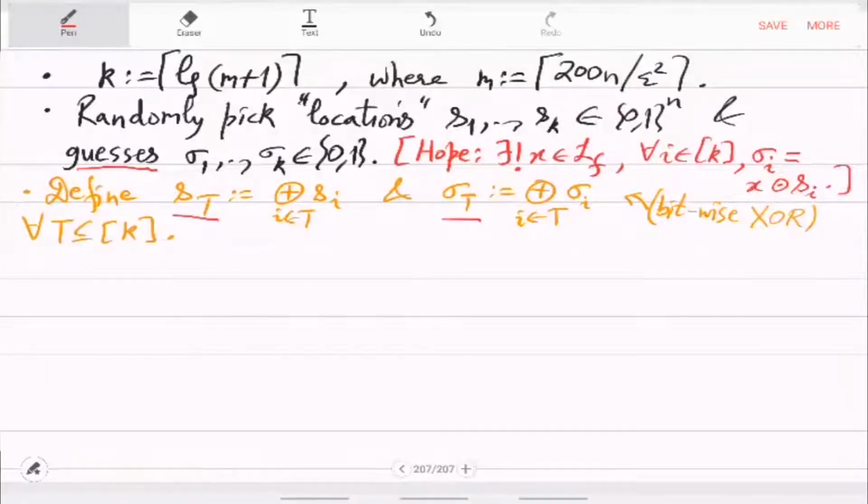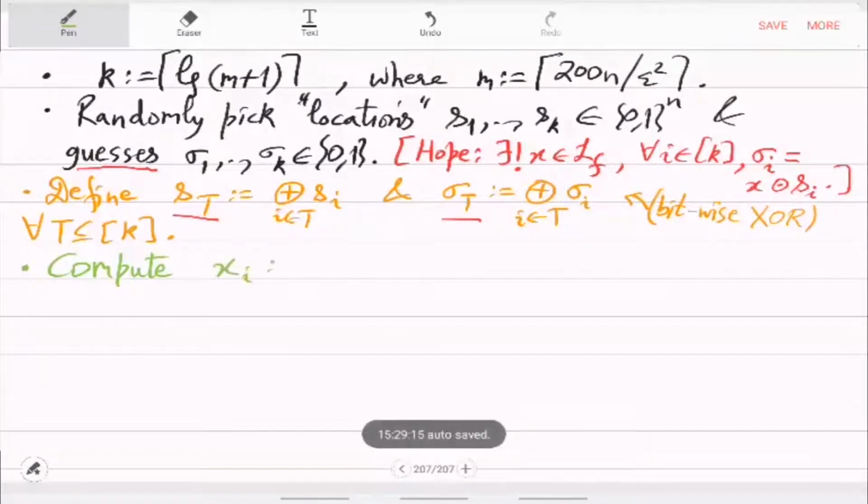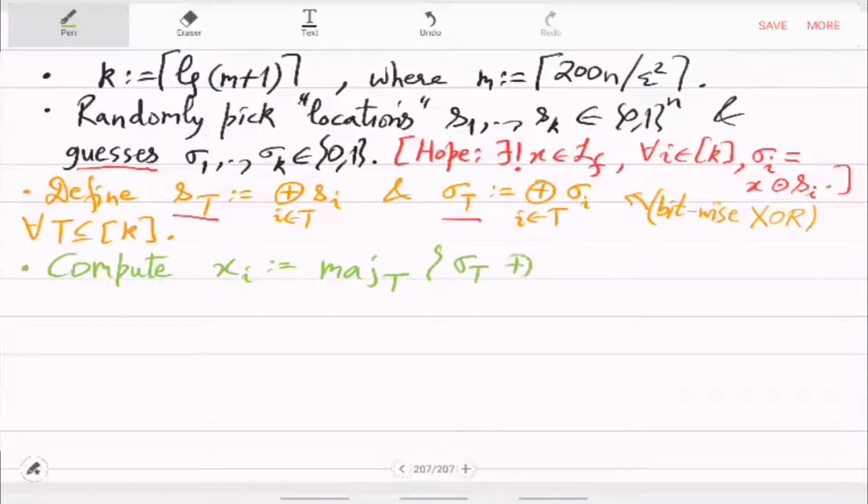So let's query. Compute x_i to be the majority over all T. Basically you want to find x_i, so you should use the elementary vector e_i.